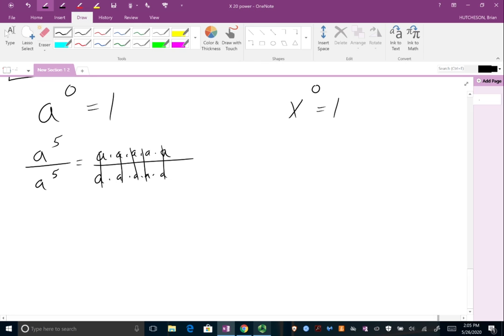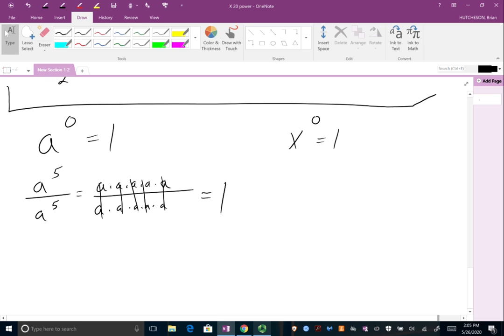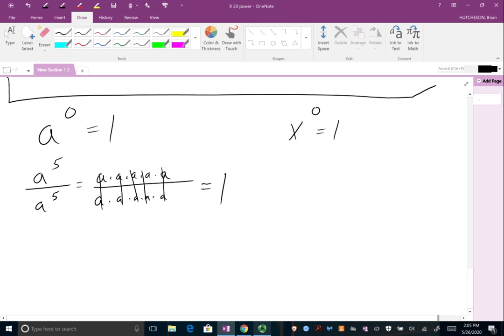A divided by a is 1. This is basically 1 times 1 times 1 times 1 times 1, 5 times, which means this guy is 1. Now, this isn't a proof because I picked a to the 5th, but what does the quotient rule say? The quotient rule tells me this is 5 minus 5, which is a to the 0, which has to be 1. Right?